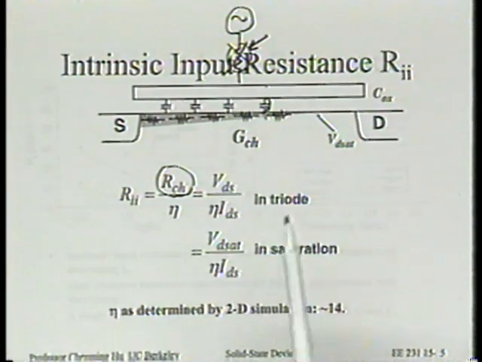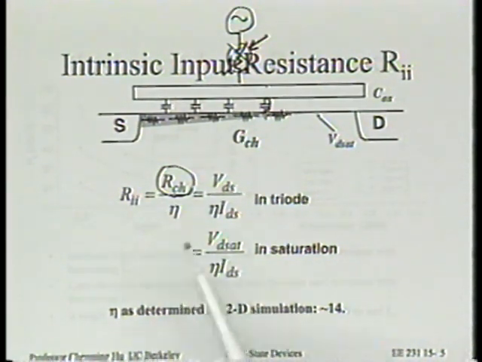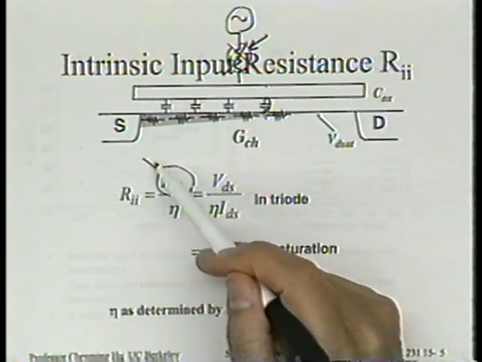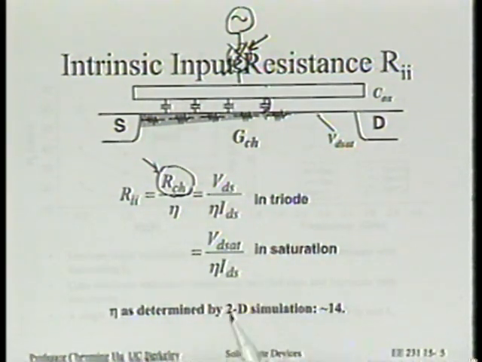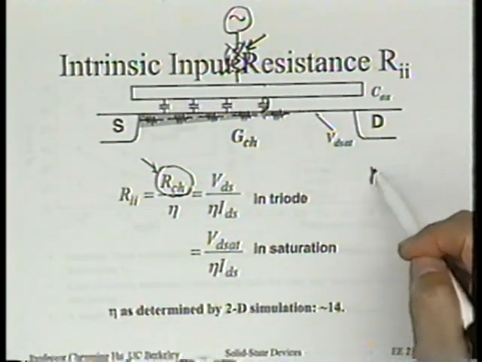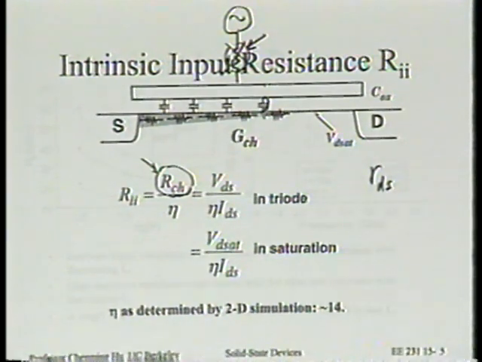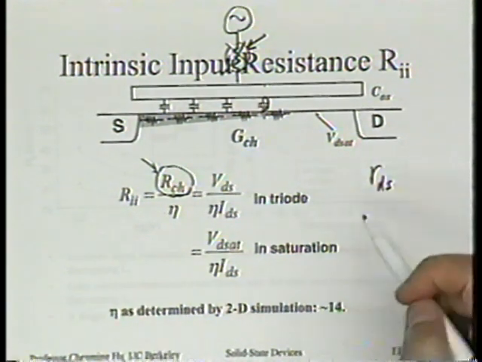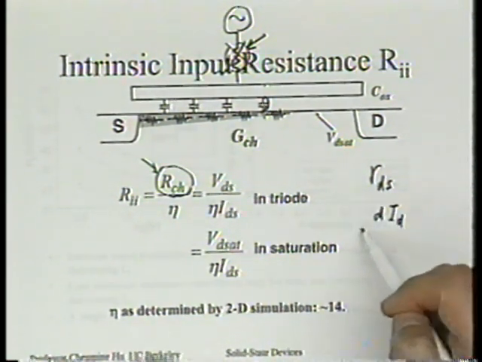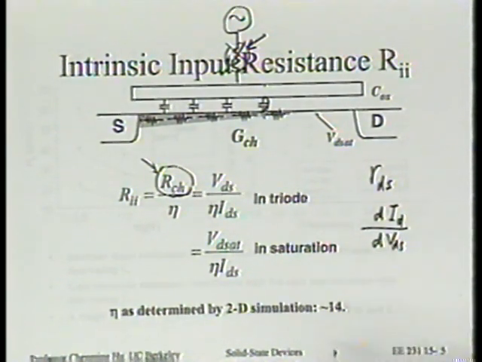And finally, there's a question about which channel resistance we are talking about. Are we talking about RDS, which is the small signal resistance, dVDS over dID? Is that what we're talking about? Or should it be just ID versus VDS?